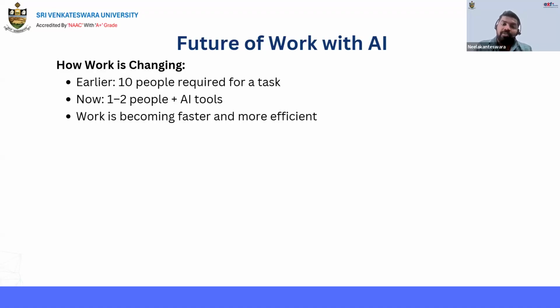That means work is faster and more efficient compared to before. That means here 8 people are replaced by AI tools. I said that yes, AI is replacing work, replacing humans, but not completely, not exactly. So here it's replacing 8 people's work, but 2 people's jobs are safe.